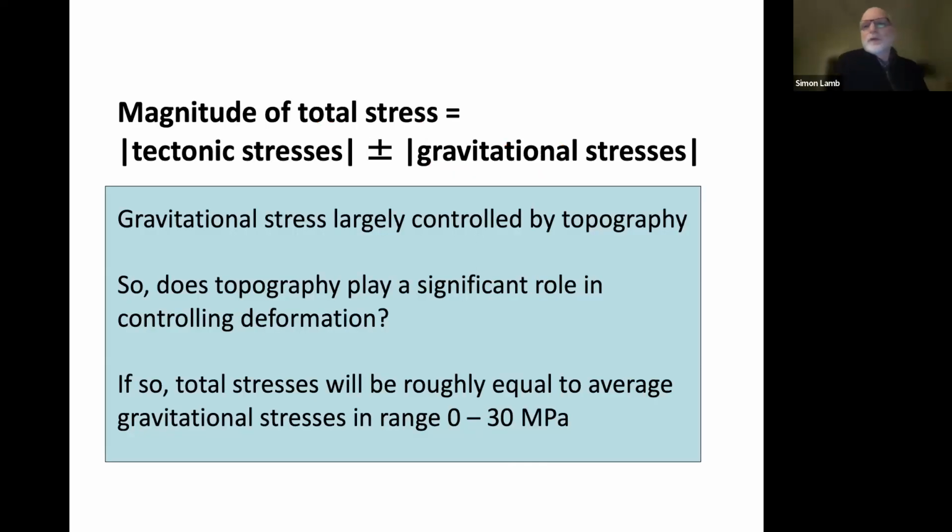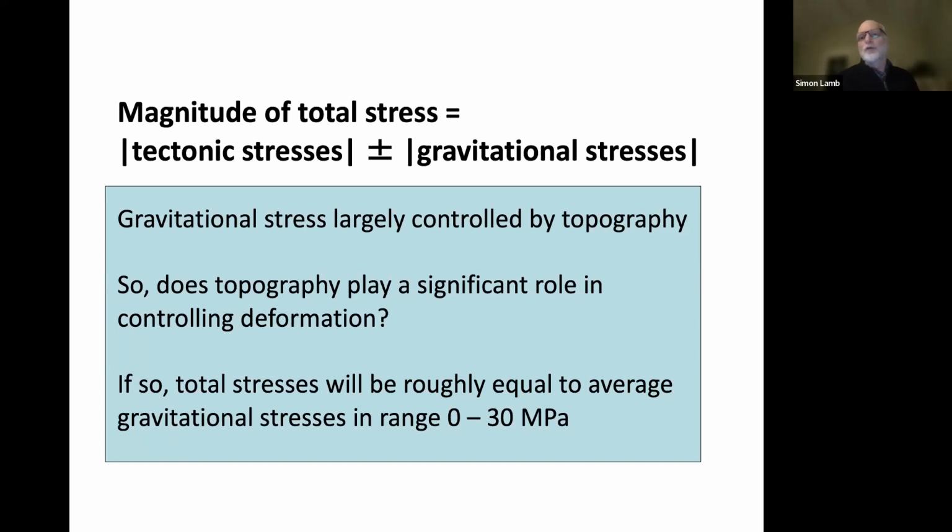So one way of getting at this is to recognize that part of the stress in the system in rocks is related to gravity. So all of the Earth is subjected to gravity. And if you have variations in topography or variations in rock density, then the pull of gravity varies from place to place. And that actually sets up a stress field. And that stress field is always there.